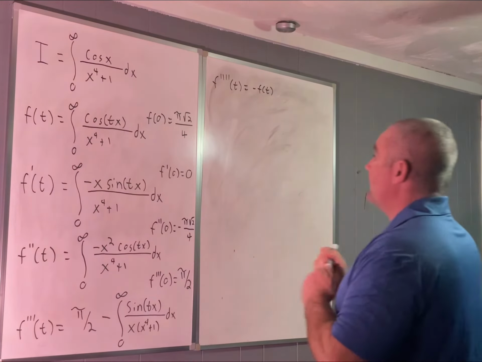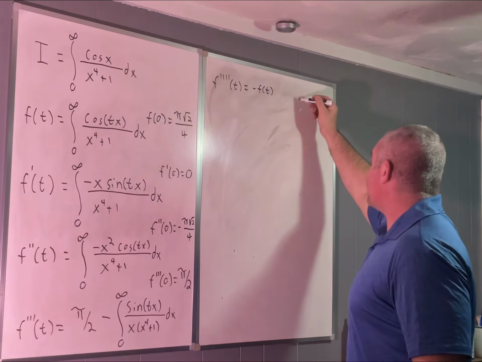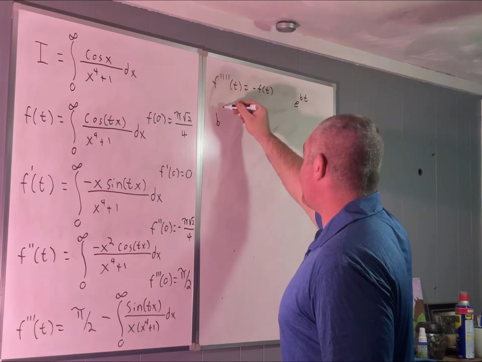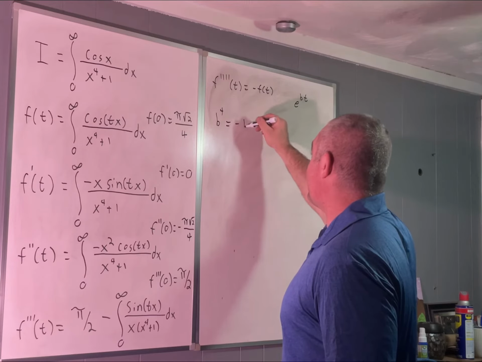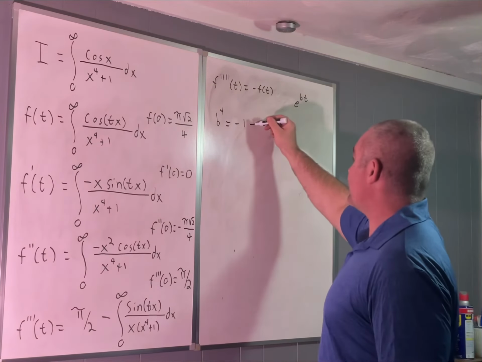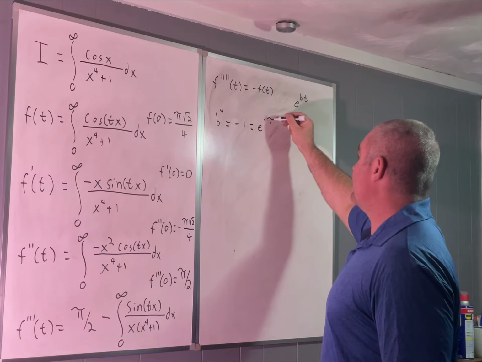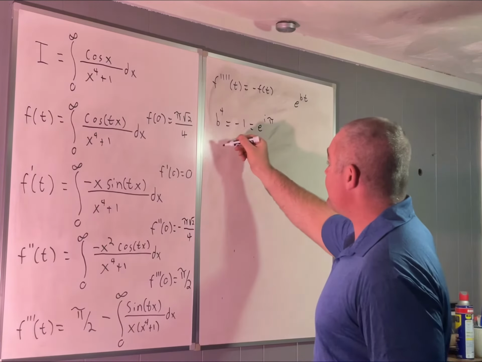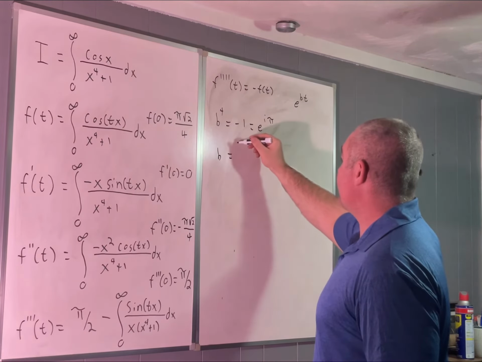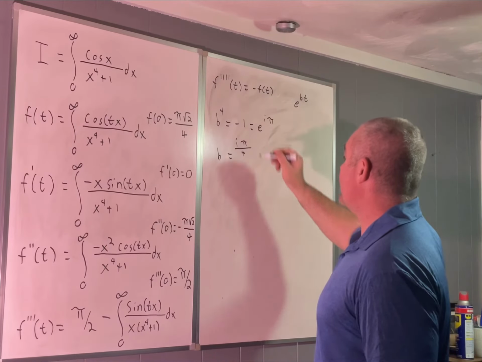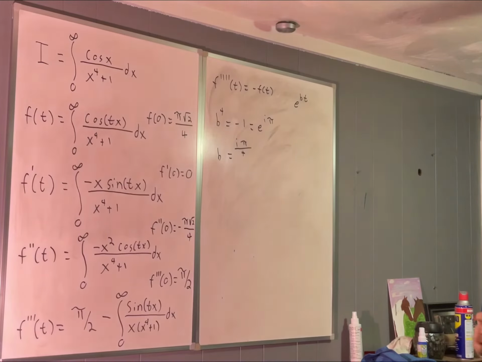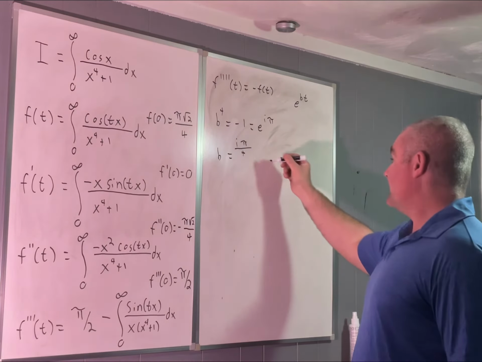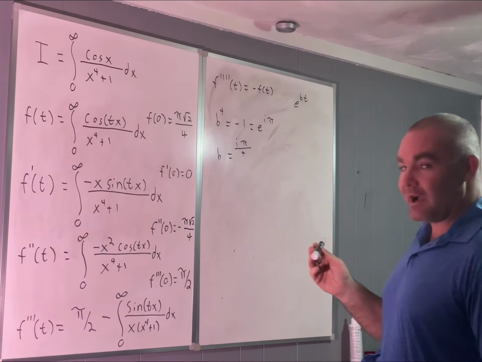So this is our general form of our exponential, e to the bt, and we need b to the fourth power to equal -1. Well, -1 can be written as e to the i pi. Taking the fourth root on both sides would give us b being equal to e to the i pi over 4. But that's not it. There are actually more solutions to that. In fact, it can be e to the i pi over 4.